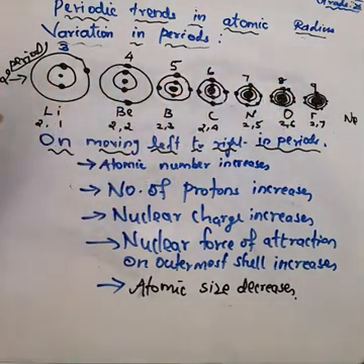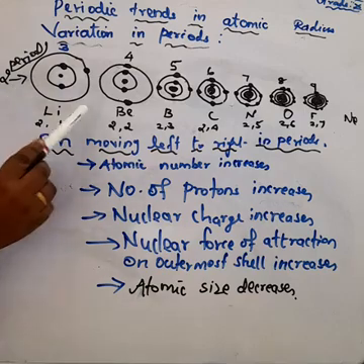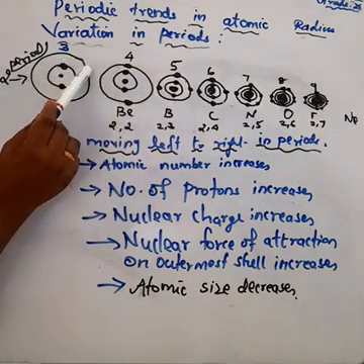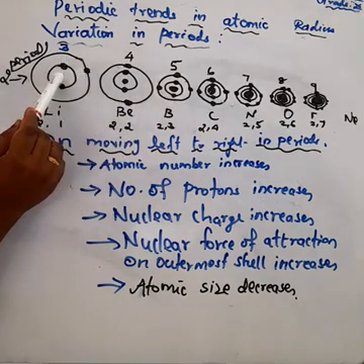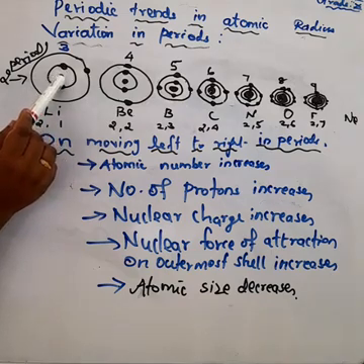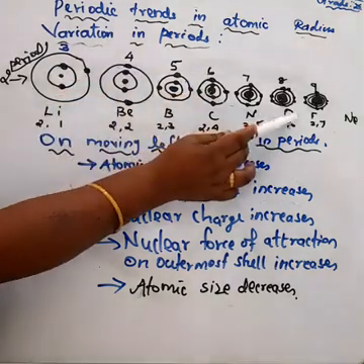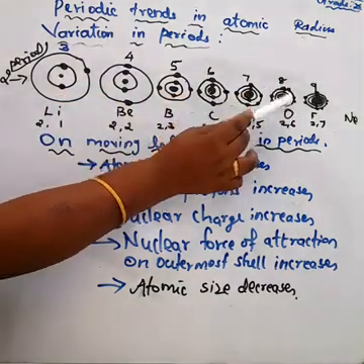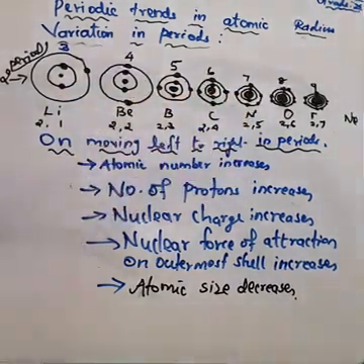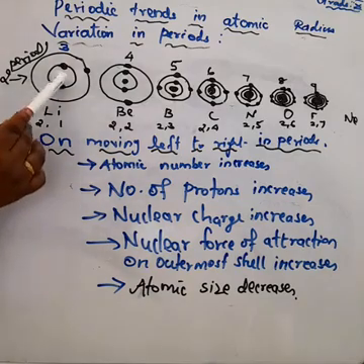Here the outermost shell has only 1 electron. For the lithium atom, there are only 3 protons. When compared to oxygen, how many protons are there? 8 protons. So when the atomic number increases, nuclear charge increases.